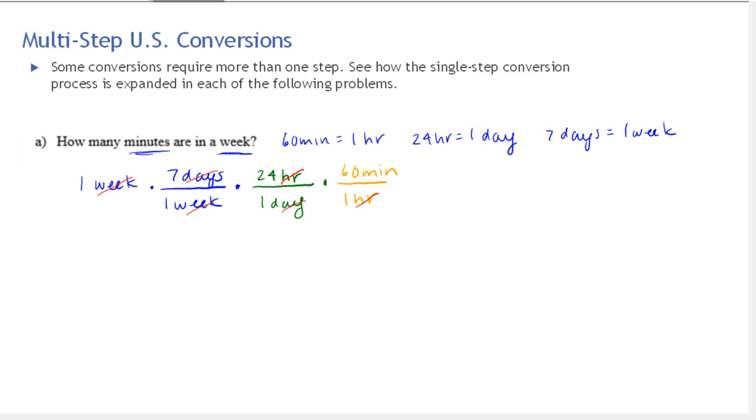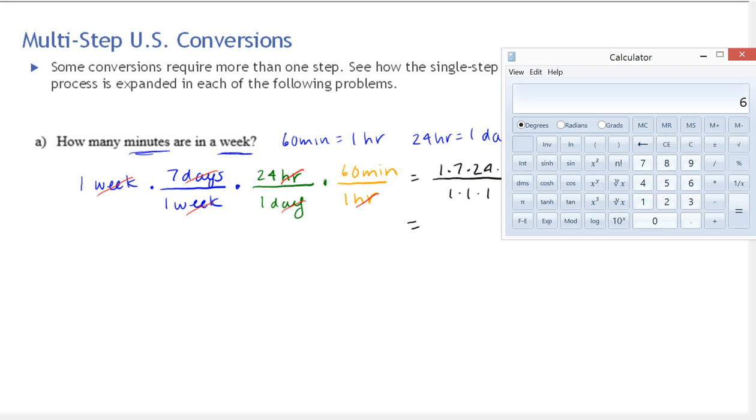So now I'm going to write a giant fraction where I multiply all the top numbers. 1 times 7 times 24 times 60. The bottom is 1 times 1 times 1. Since the bottoms were 1, we don't really need them, but that's not always the case. And now, let's multiply this on the calculator.